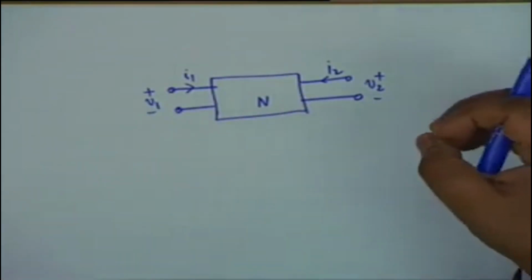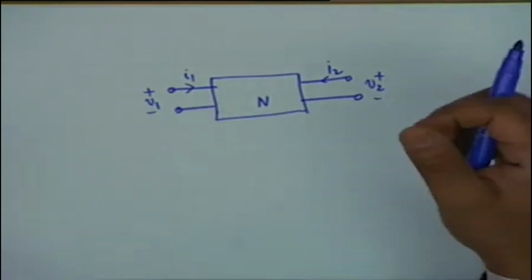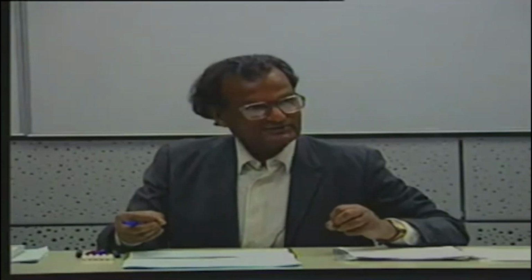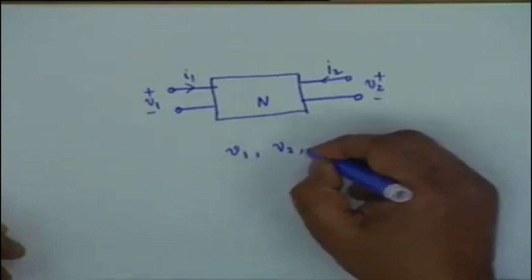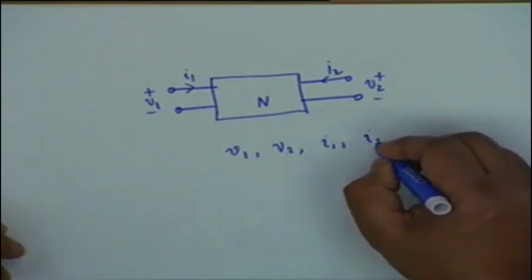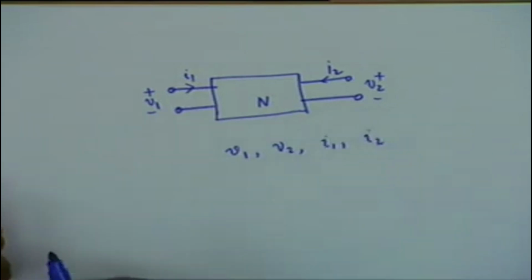So all you can do is apply two voltage sources and measure the currents, or apply two current sources and measure the voltages, or apply a combination. One of them can be a voltage source, the other can be a current source, and you can measure one voltage and one current. The fact of the matter is that there are four quantities, V1, V2, I1 and I2, of which two can be specified independently.